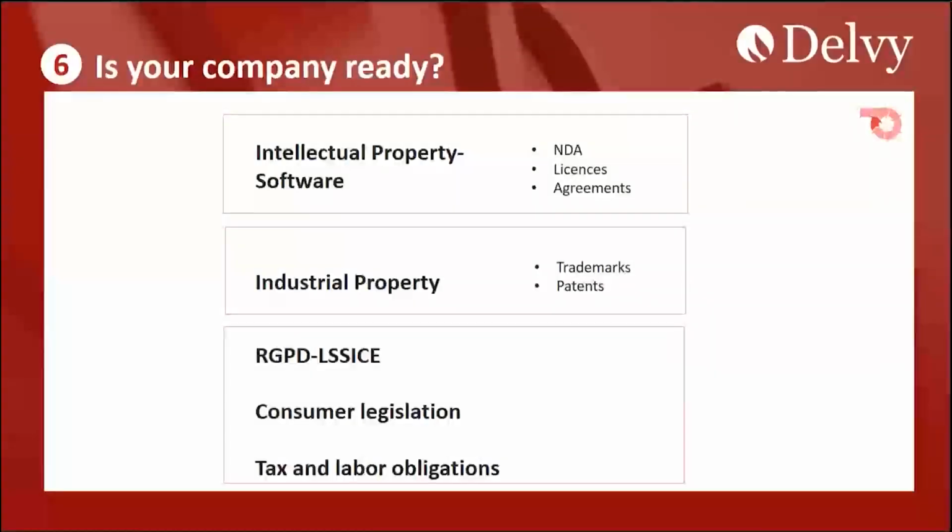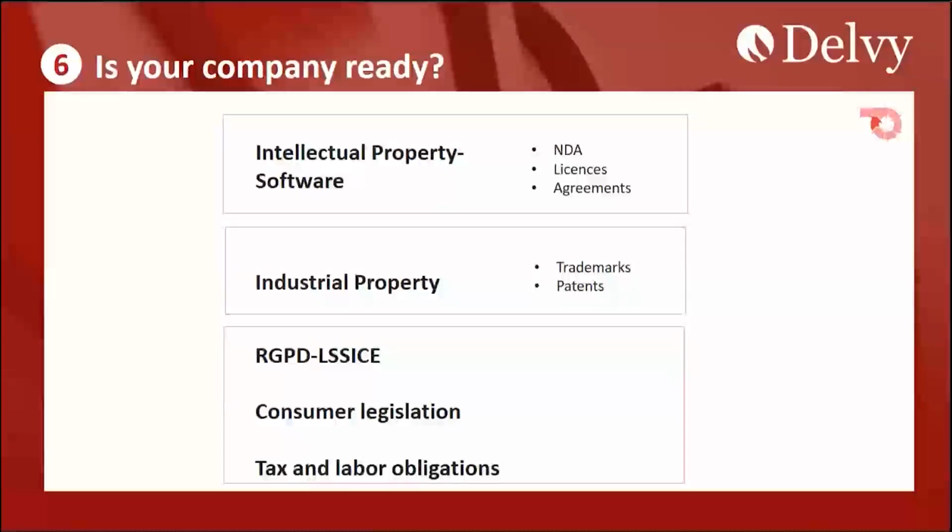So, as I mentioned before, mostly in the growth stage, the VC will make a due diligence of the company when we are considering raising funds. But it's also important to have, from day one, all the compliance of the legal, tax and labor obligations of the company up to date, because this might be a red flag and a no-go for the investor. For example, all that is related to the IP.